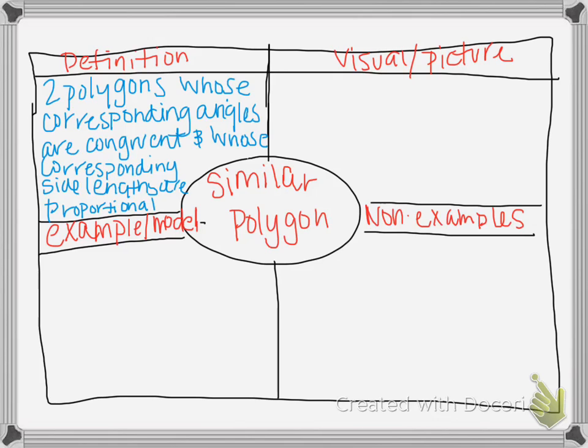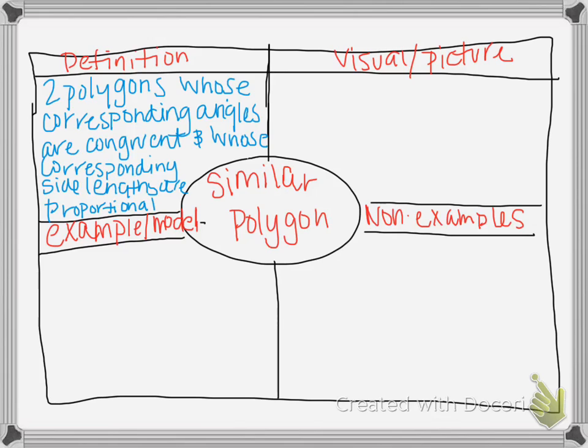Okay, so corresponding side lengths. Two polygons whose corresponding angles are congruent and whose corresponding side lengths are proportional. I know that may be a little bit bad handwriting, but it's very hard to write on this.